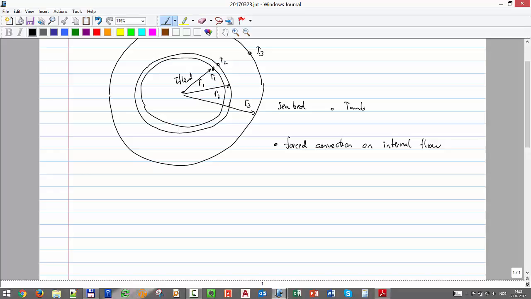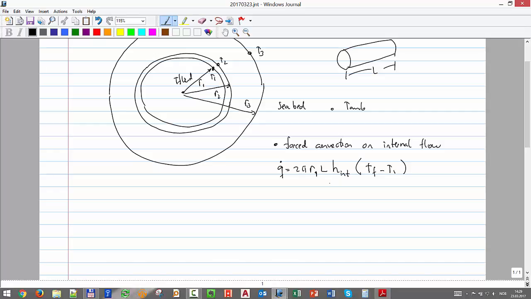Okay. So we can represent that by 2 pi r1 times a distance, that is the length if we see the pipe from outside, and H internal times T fluid minus T1. Okay?